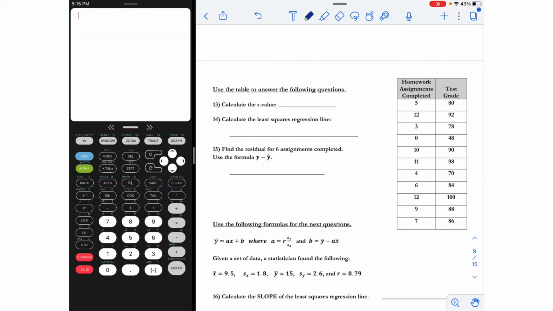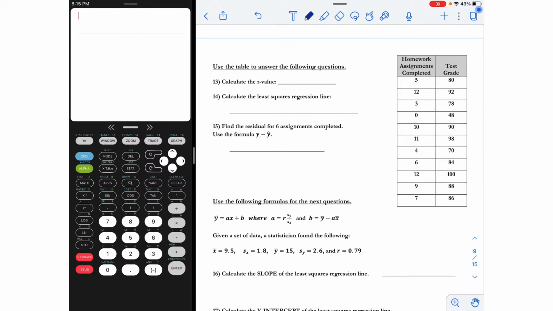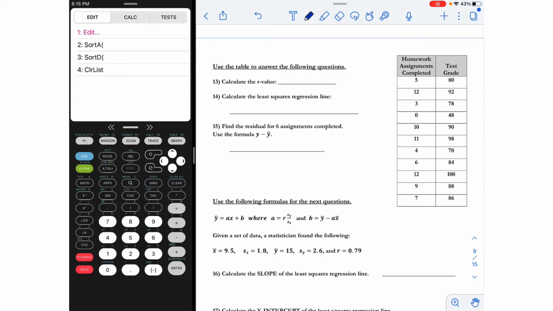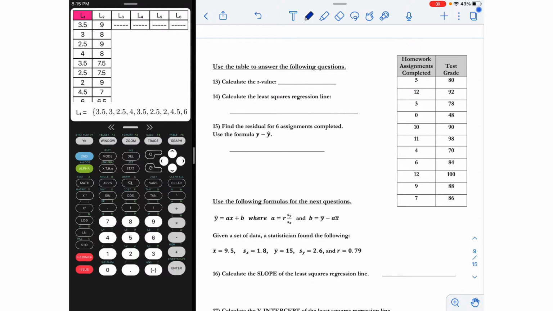Okay, so for this next one, you will have a calculator. So you're going to go into Stat Edit, and you are going to clear out your lists. Clear out your list however you need to in your calculator and enter your data. So as you can see in the calculator, I am entering the data.